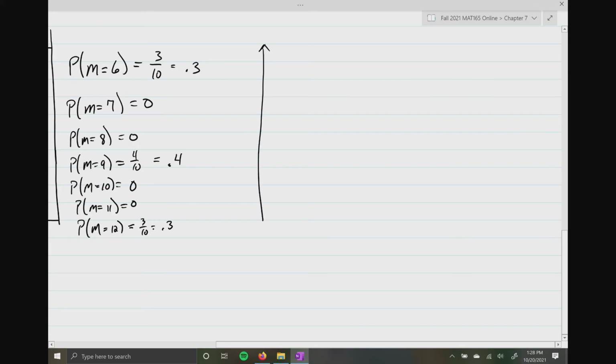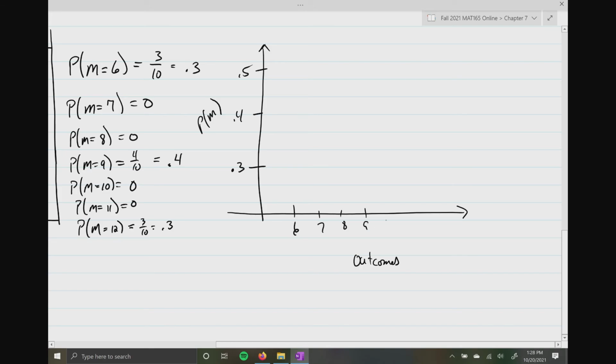Because when I go ahead and draw my probability distribution, remember the outcomes go along the x-axis. The y-axis is going to be the probability of obtaining the median now. I'm going to go 0.3, 0.4, 0.5, and then 6, 7, 8, 9, 10, 11, and 12.